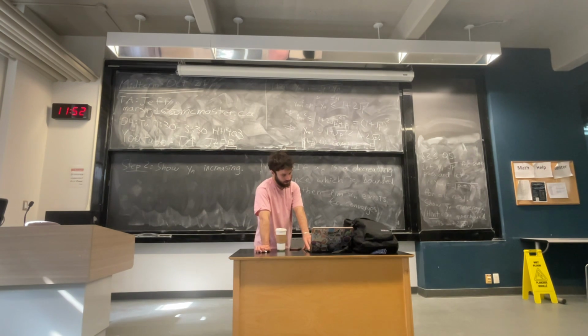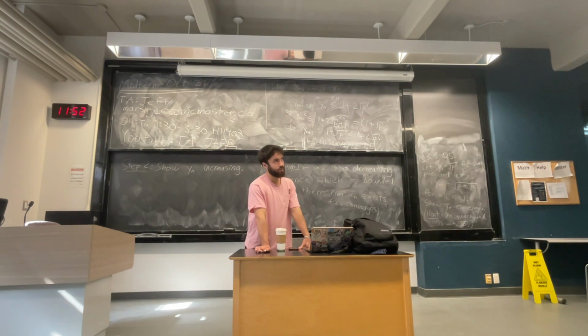This is greater or equal to yn plus 1. It's greater or equal to square root of. He thinks I made a mistake in my notes. But it's okay. Maybe we'll just come back to that step later.